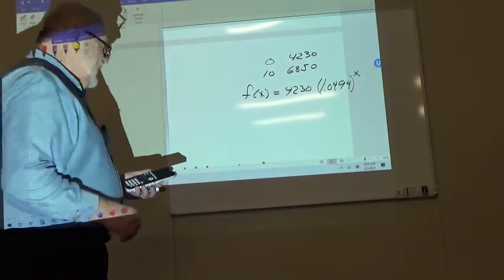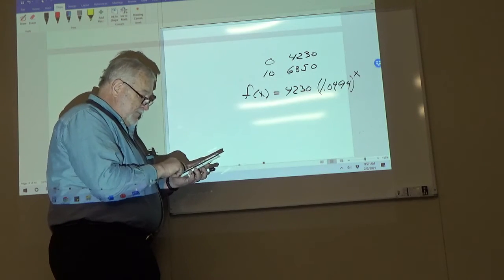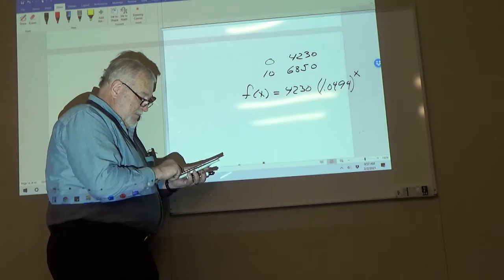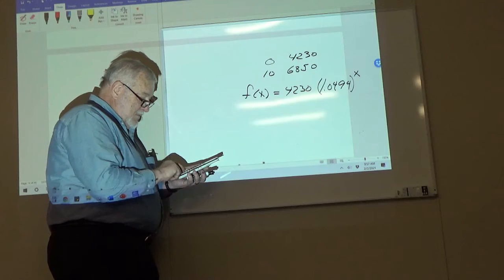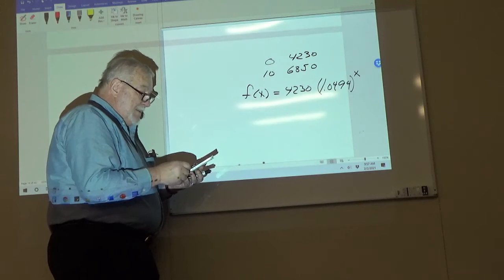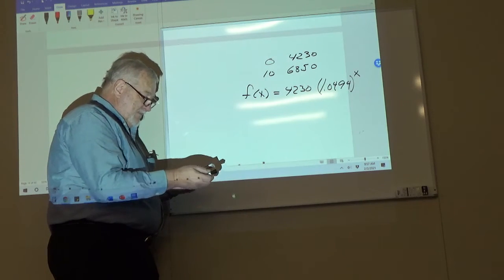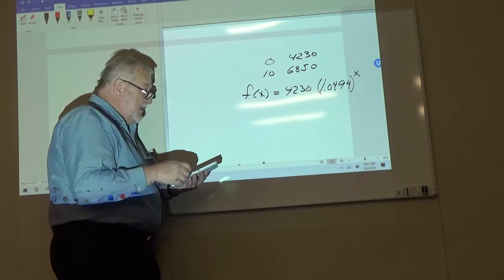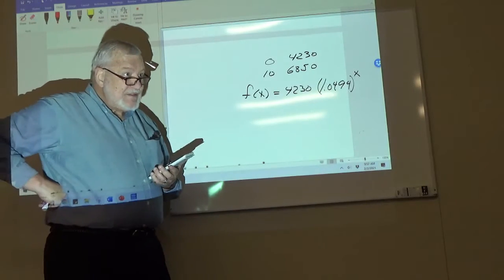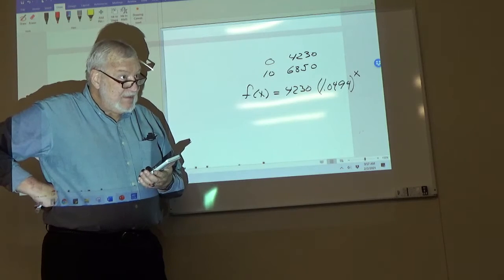All right, so now what do I do with this if I need some math work? I've got to put this in y equals. Let's go to y equals. Now after we put this in, the last thing that we did, if you remember, we had an x that was on 8.